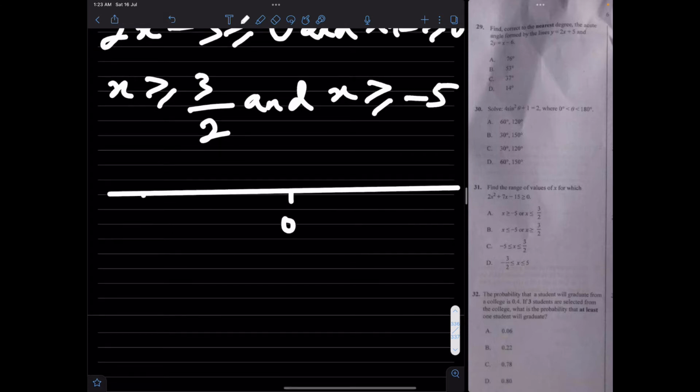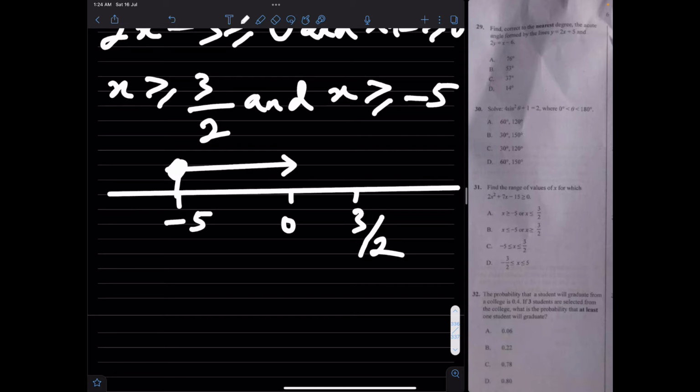If this is 0, this is minus 5, and this is 3 over 2. 3 over 2 is the same as 1.5. That's x greater than or equal to minus 5, and x greater than or equal to 3 over 2 is this.